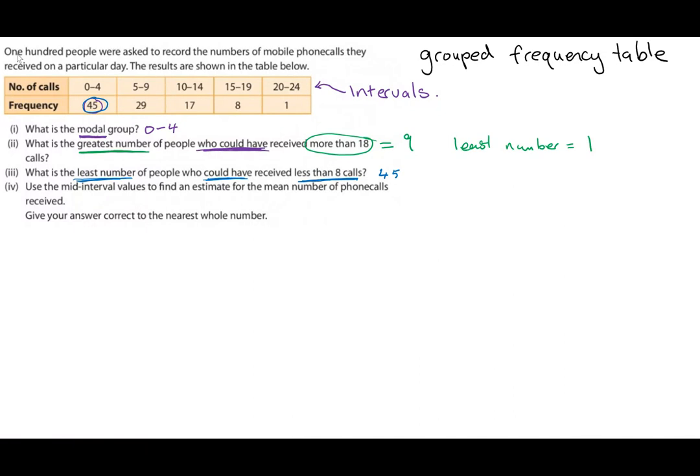Now if I look at this section, these 29 people could have received less than 8 calls, but they also could have received 9 calls. The probability that all 29 of these people received 9 calls is slim, but I don't know. So the least number of people is 45. I know for absolute definite that all 45 of those people received less than 8 calls, because they're in the 0 to 4 category.